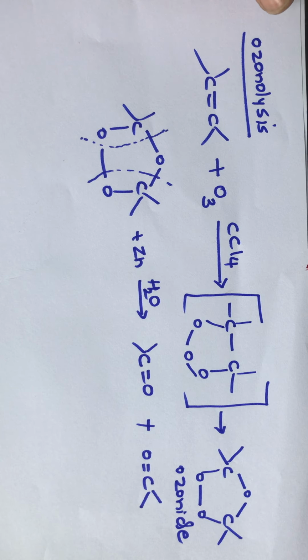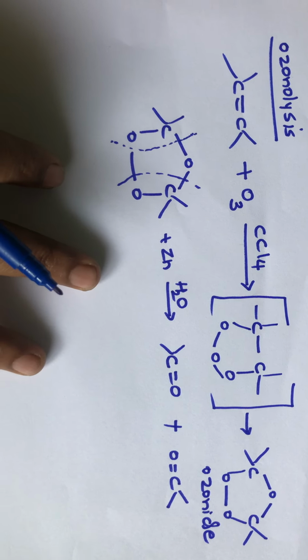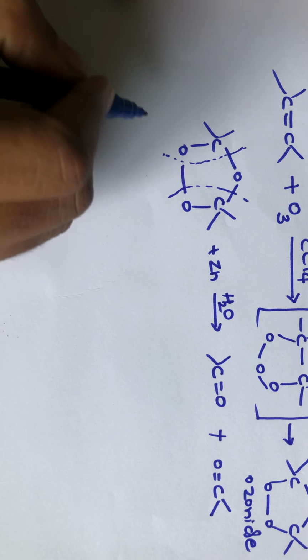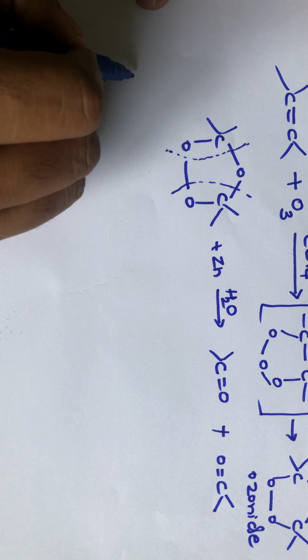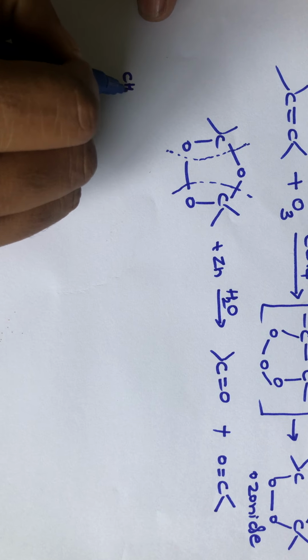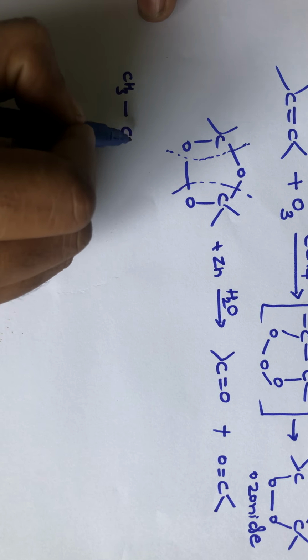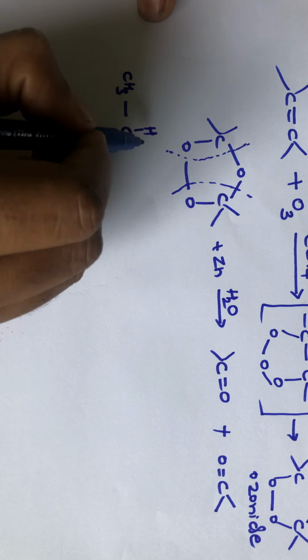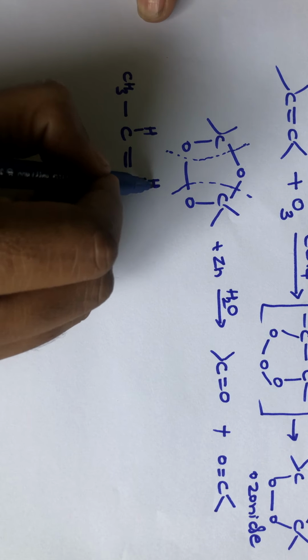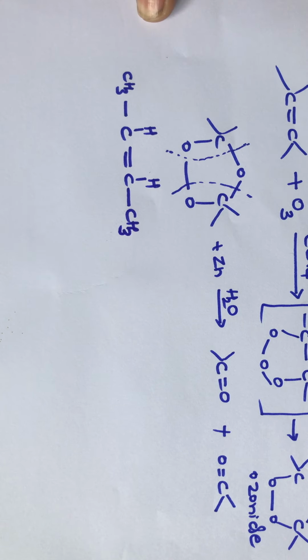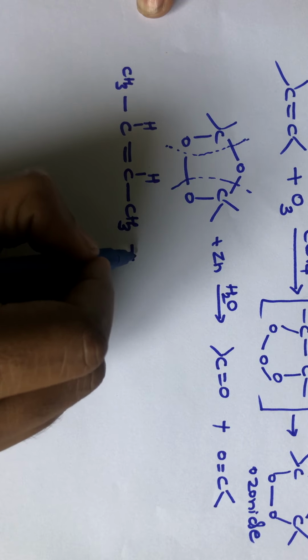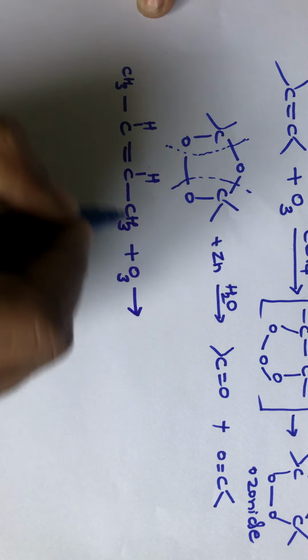Let us look at particular examples so that you will have a clear idea. Let us take an example: CH3 CH double bond CH CH3. When we treat it with ozone, what happens?